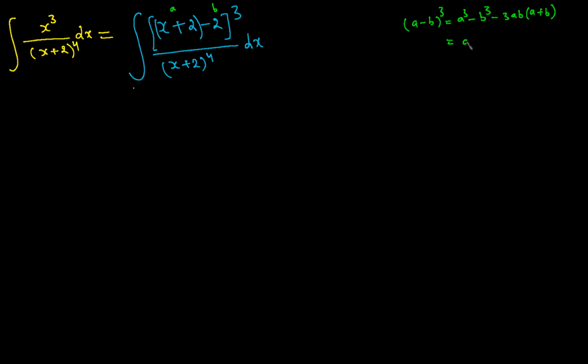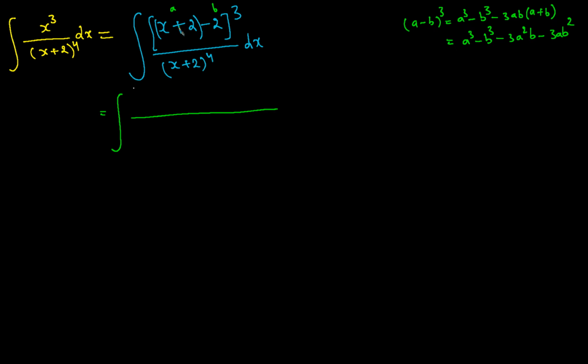And that can be written as a cubed minus b cubed minus 3a squared b plus 3ab squared. So I'm going to distribute the multiplication, and minus 3a, and b multiplied by b gives me b squared. Okay, so that's what we're gonna do over here now. On the numerator, let's rewrite our numerator again.